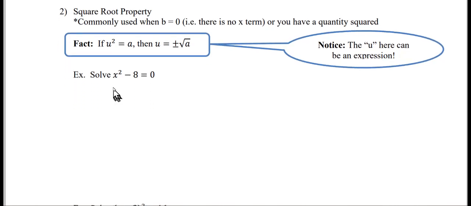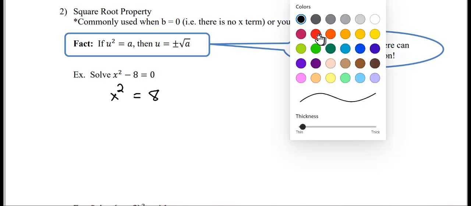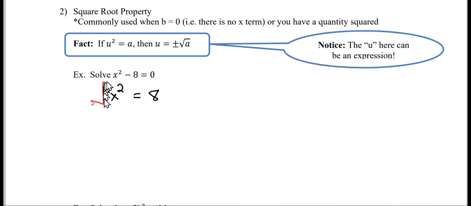Let's start with this guy. This one doesn't factor, so I would be looking at a different method other than factoring, and I would add 8 to both sides. That's a little bit different than our factoring approach where we always want to have it set equal to 0. We're kind of making this not equal to 0. But we're doing that because we can use that square root property and we can say, hey, let's square root both sides of this equation.